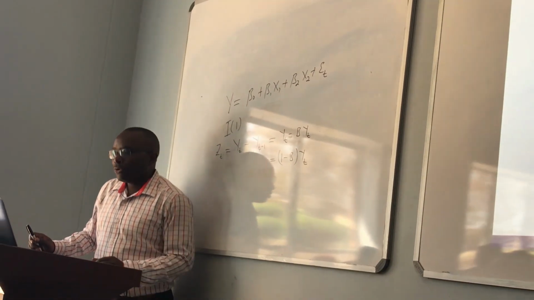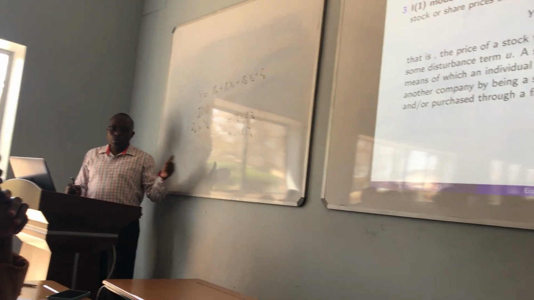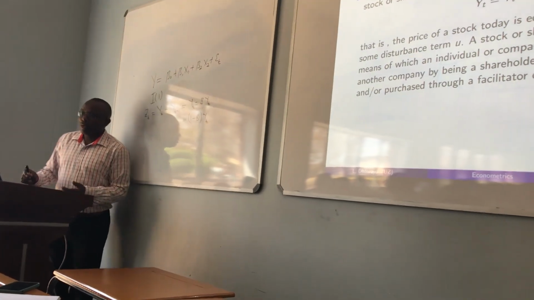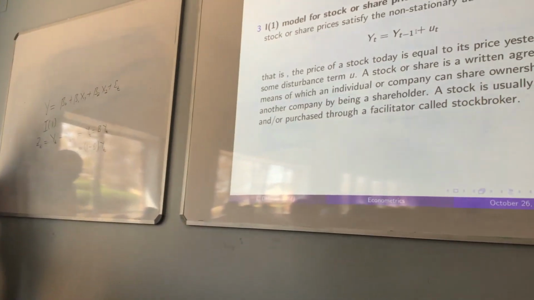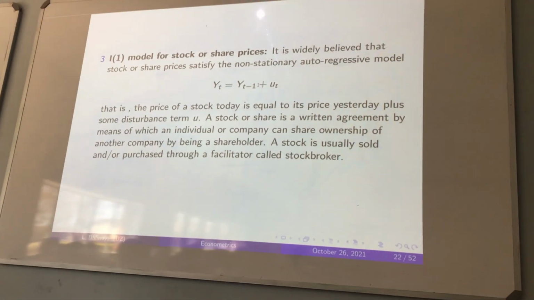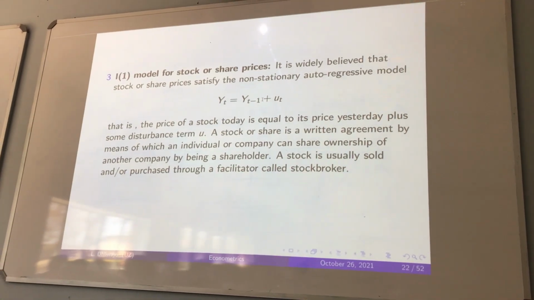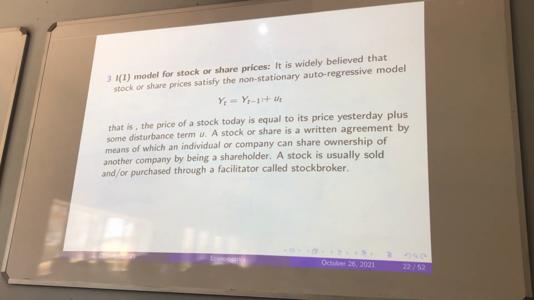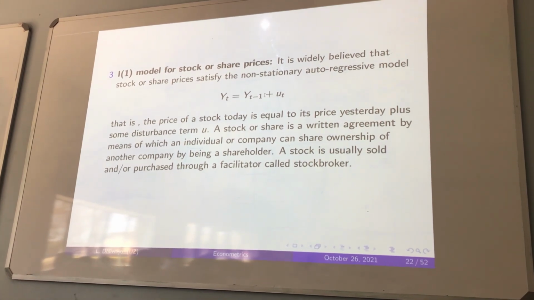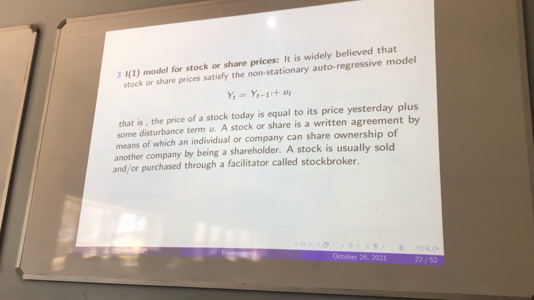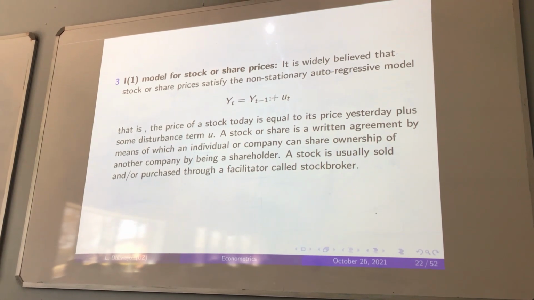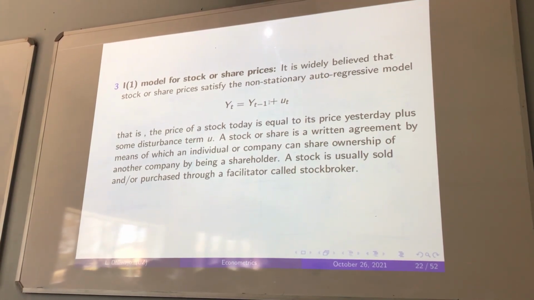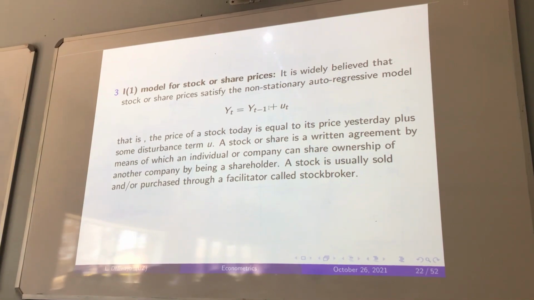Okay? So before I continue confusing you, let's go back to the I1 model. The I1 model is for stocks, share prices, and so forth. In economics, if they see a data set with stocks, they just say it's an I1 model. No matter what, they just say it's an I1 model.